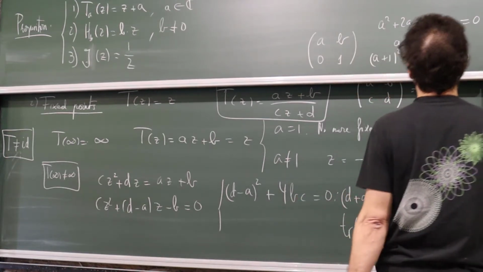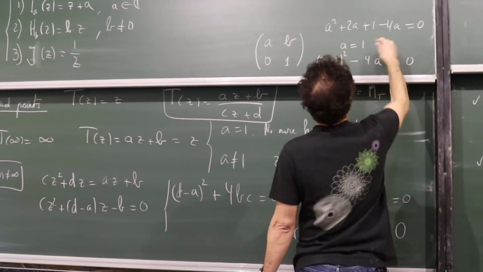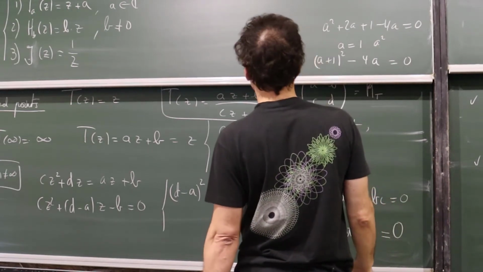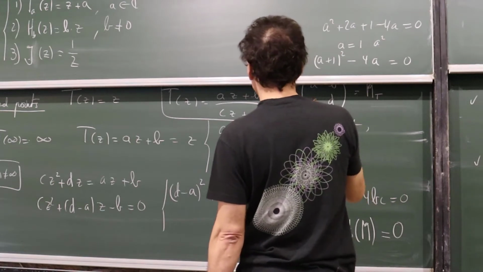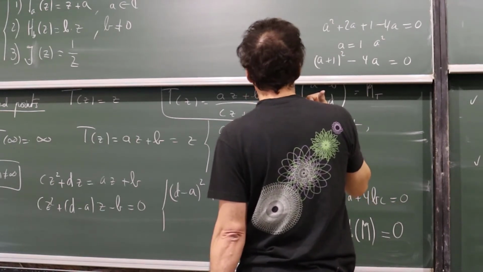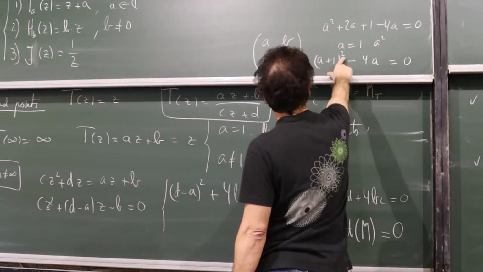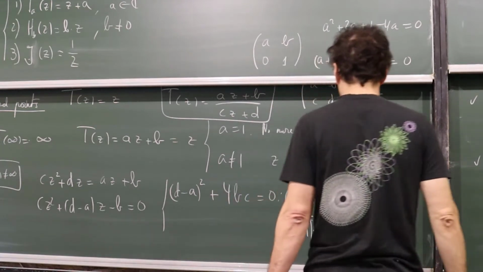Is it correct, these computations? A equal to 1 is the condition in order to have only one fixed point, so the trace A plus 1 squared minus 4 times the determinant.